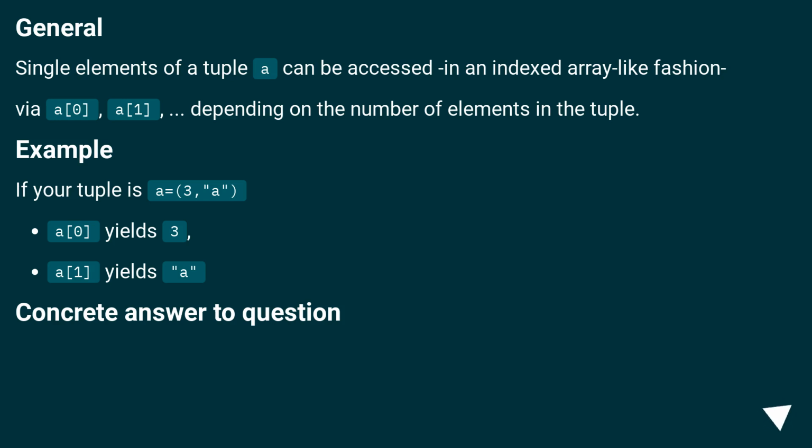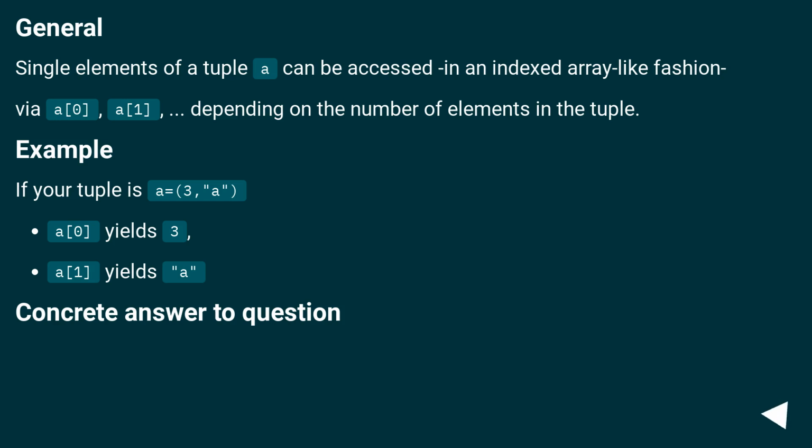General. Single elements of a tuple can be accessed in an indexed array-like fashion, via a[0], a[1], depending on the number of elements in the tuple.